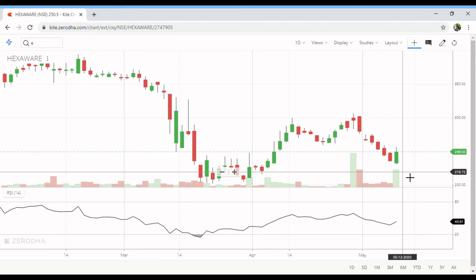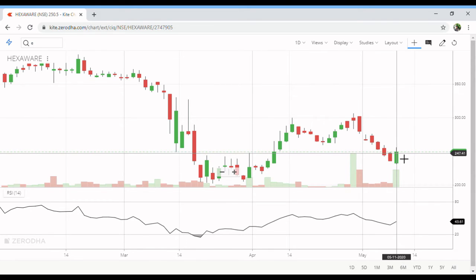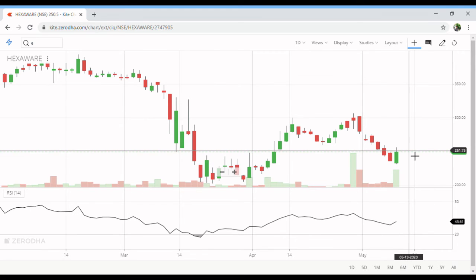If you are an aggressive trader, you can take a long trade on the same day once you find that it is a bullish engulfing pattern. If you are a normal trader, make sure that you take the trade above this bullish engulfing candle's high. Here, let's say the candle's high is at 256.09, so let's take it as 256.10.